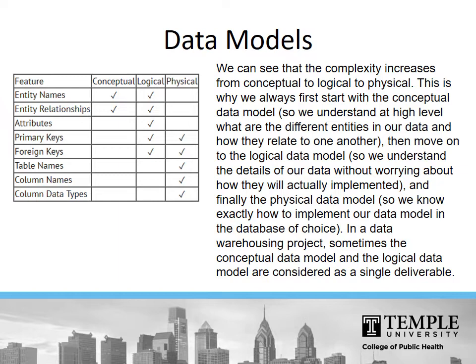The next type of data model would be a logical data model, very similar to an entity relationship diagram, and then a physical data model, which has to be perfect because that is what defines the structure of the database.